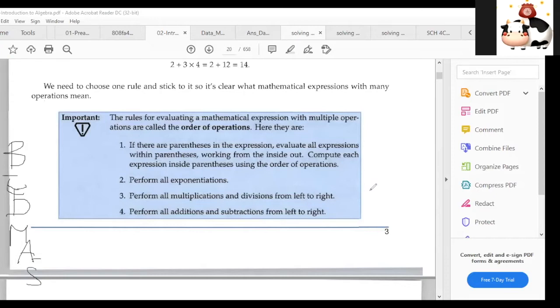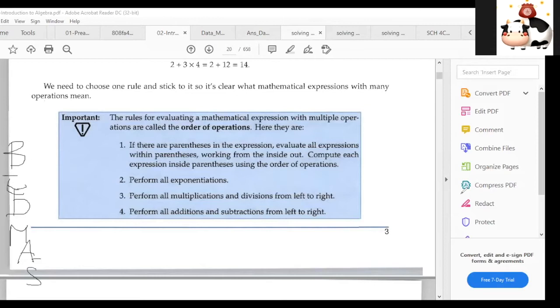Anybody want to, you could also put it in the chat or you can unmute yourself. Ruby, was that you raising your hand? So go ahead, Ruby. Is it division? Excellent, yes. D is for division.